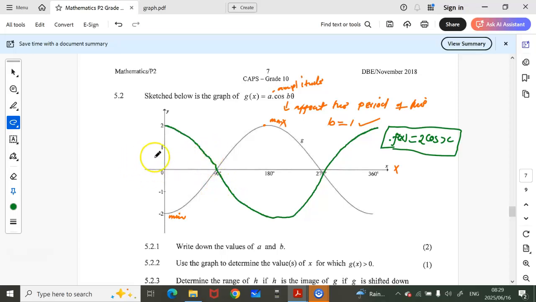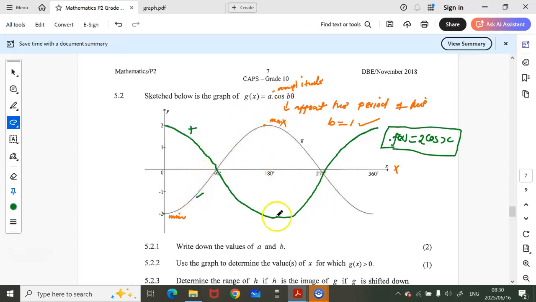Then the question you must ask yourself is why the graph is not coming from the top like this one, but now comes from the bottom. It tells you that this is a negative graph, as this one is positive and this one is negative.